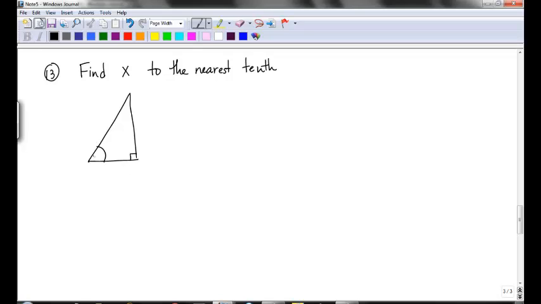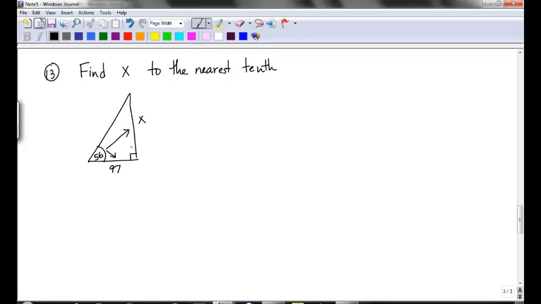Say I give you this angle is 56 degrees. This side is x. This side is 97. What I want to know is what's the length of x? In terms of this angle, what side is this? Opposite. What side is this? Adjacent.